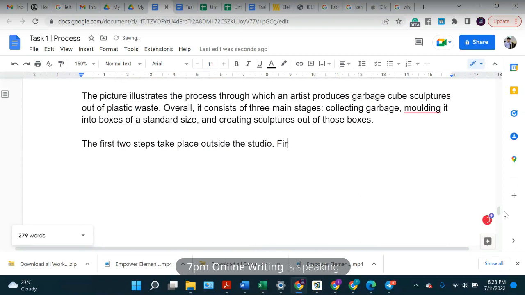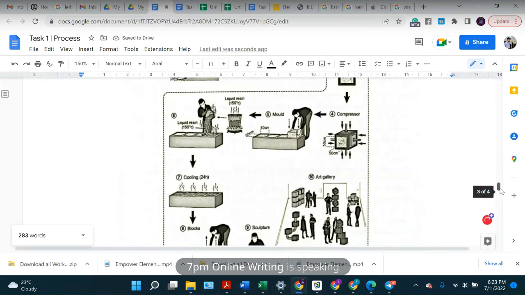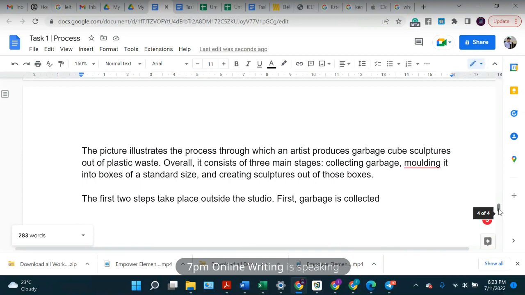First, I have 2 first, but again, it's all right. Garbage is collected. Maybe you can say preferably on the seaside. What do you think?